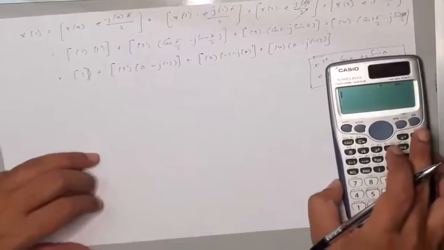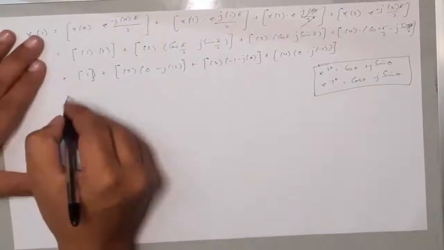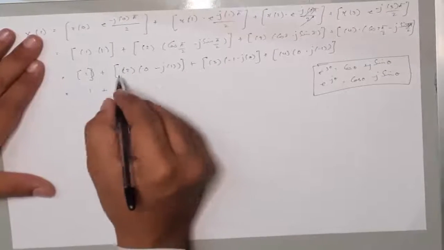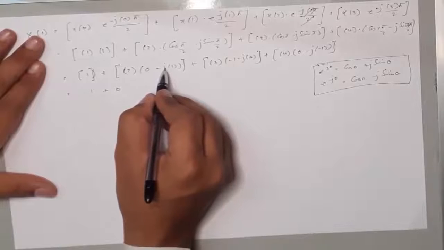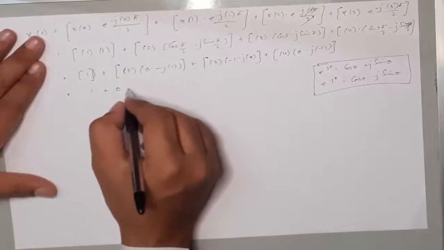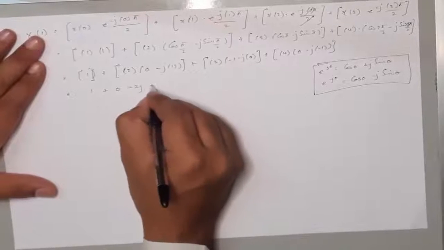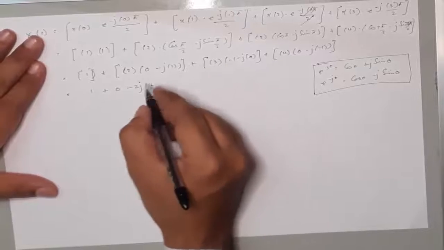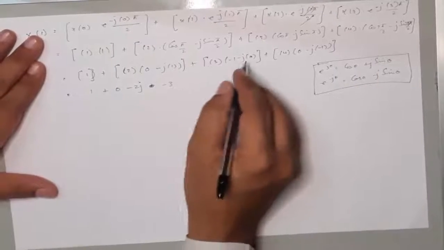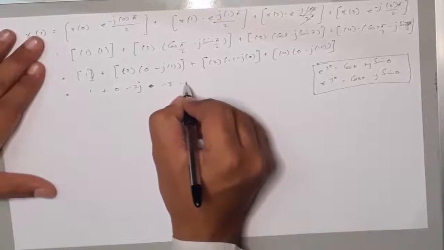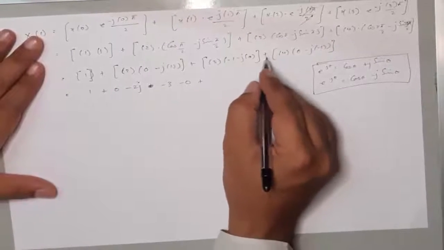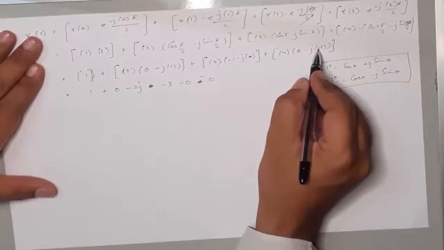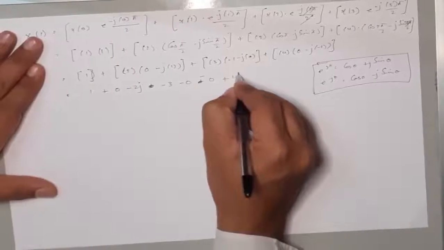Okay. Now we'll go with the results part. 1 plus 2 into 0, 0, minus j, minus 2j, minus into plus minus, so minus 2j, plus 3 into 1, plus into minus minus, so minus 3, again this is 0, that is minus 0, plus again minus 0, minus into minus plus j, so this becomes plus 4j.